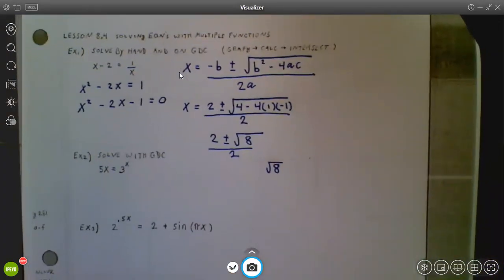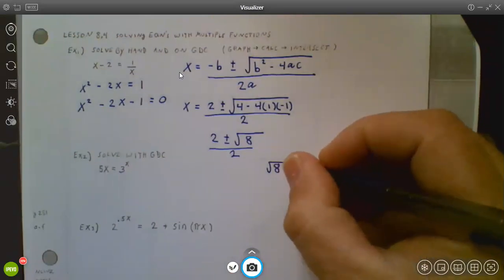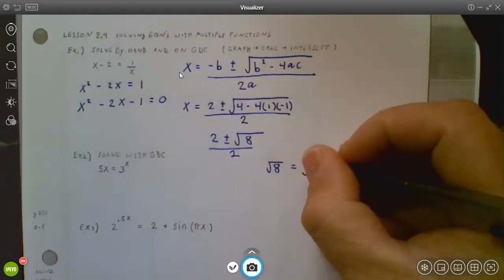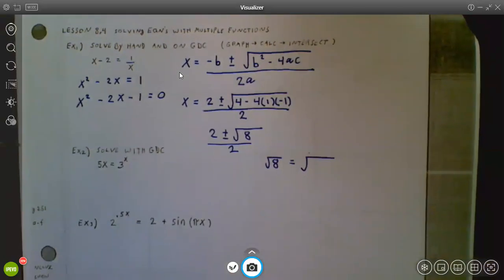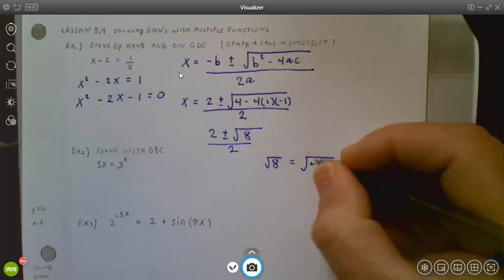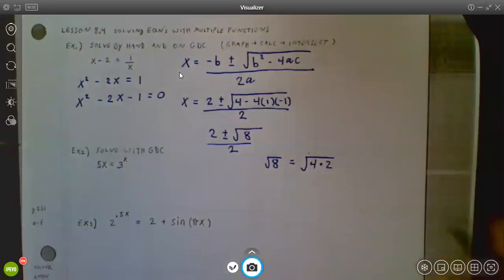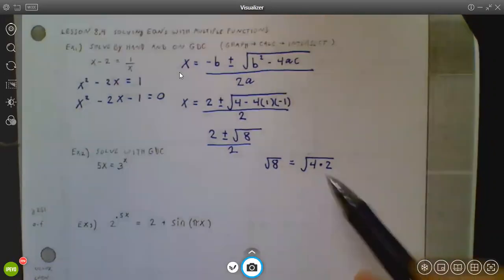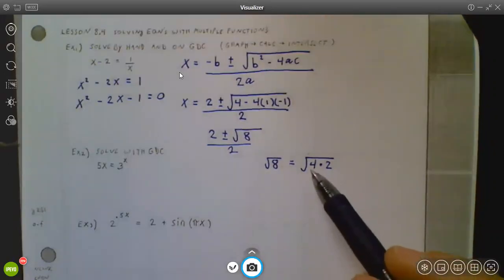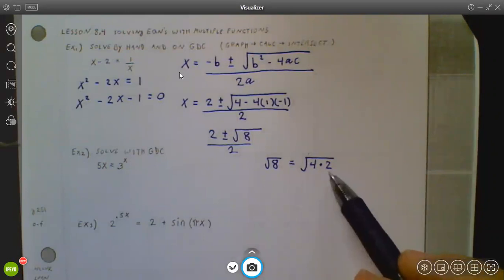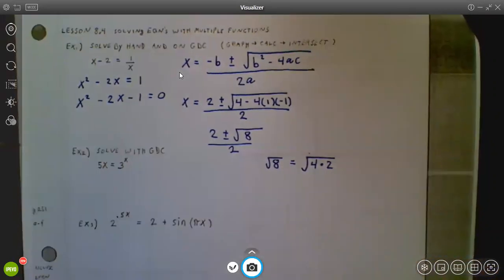I'll remind you, depending on what teacher you've had in the past, they would have taught you 2 different ways to do this. So I'm going to show you both really quick. I can look at this as the product of a perfect square and a non-perfect square. When I look at 8, I know that 8 is 4 times 2, right? And the reason I look at it as 4 times 2 is because 4 is a perfect square. So if I want to simplify this, I'm going to look at this and say, well, what's the square root of 4?